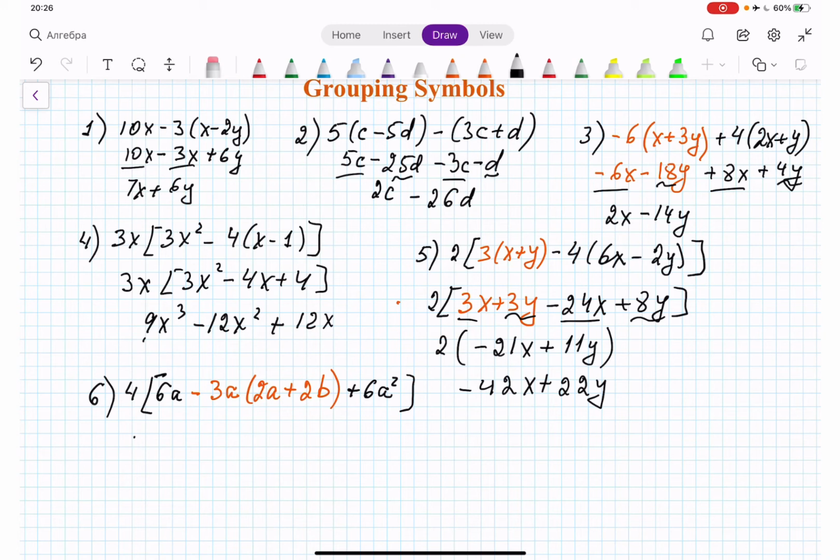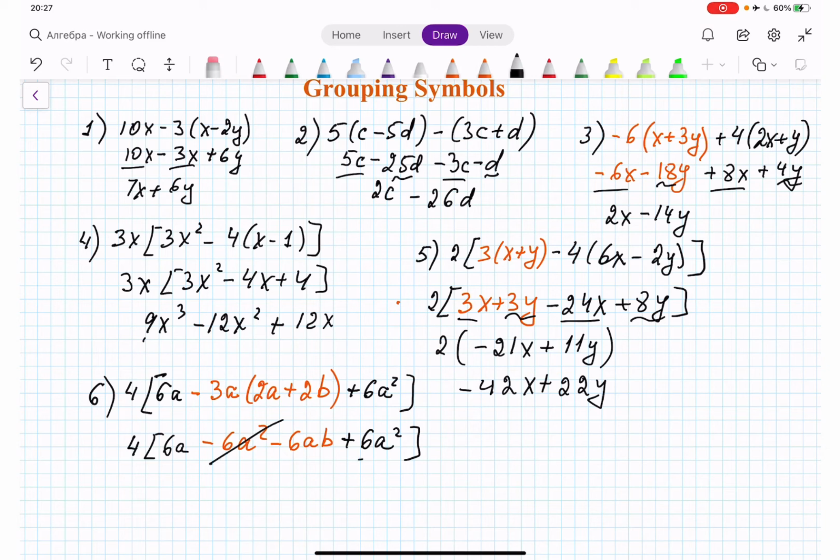So 4 times 6a, next negative 3a times 2a, it's going to be negative 6a squared, and then minus 6ab and plus 6a squared. All right, what do we have here?